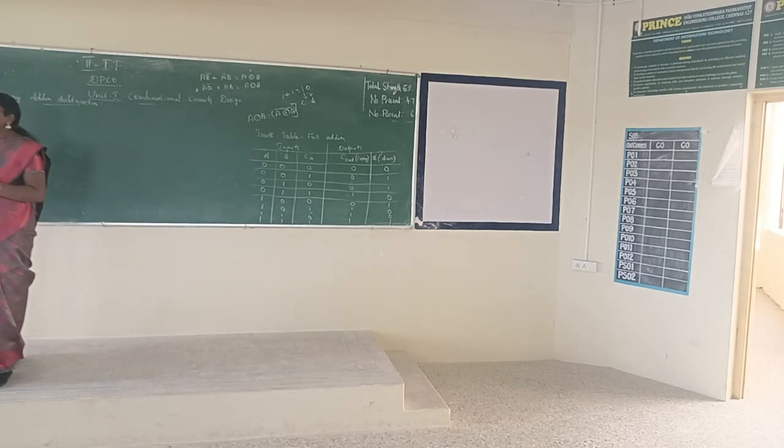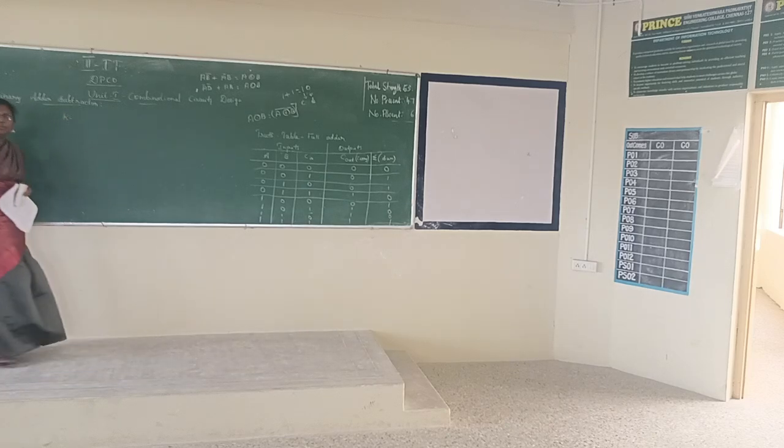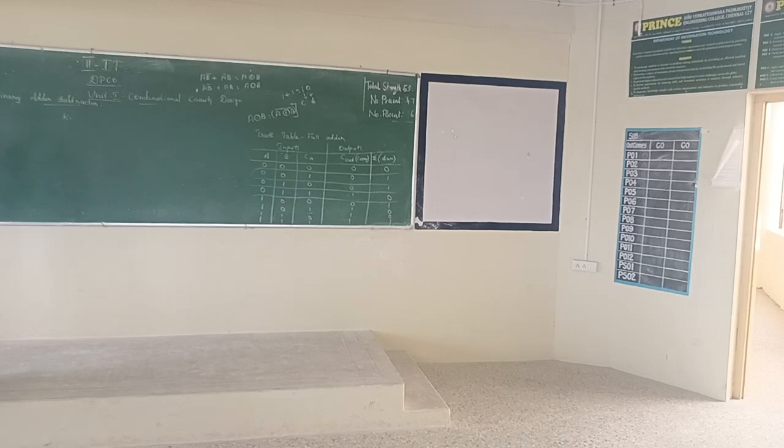So next is the voice side. Third one: do the K-map simplification for sum and tell me the answer. Next one: do the K-map simplification for carry and tell me the answer.